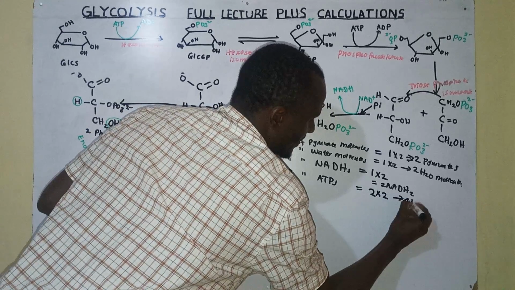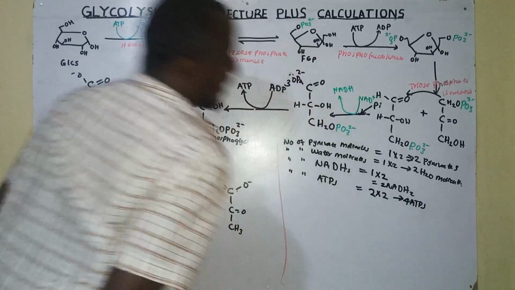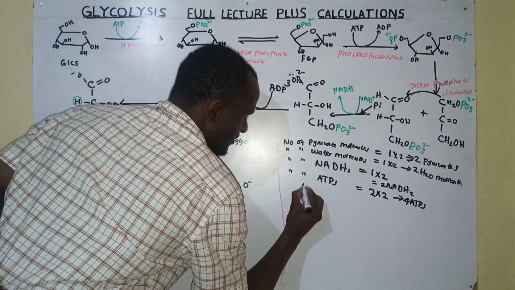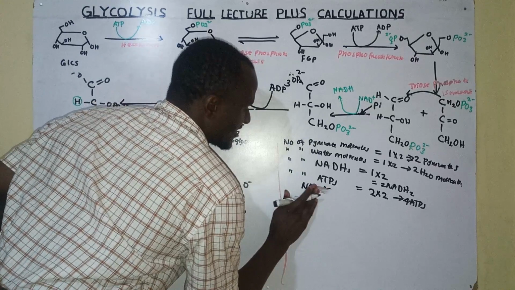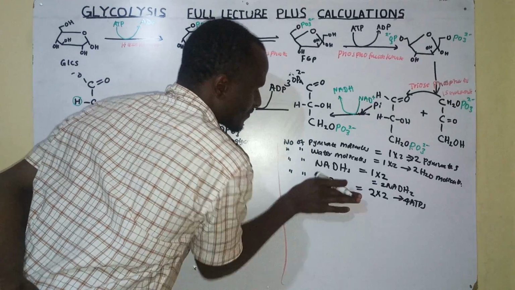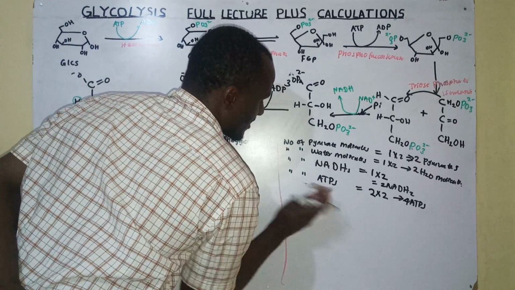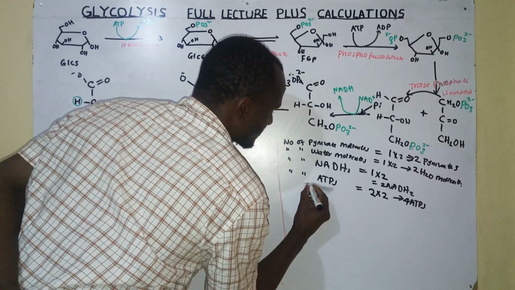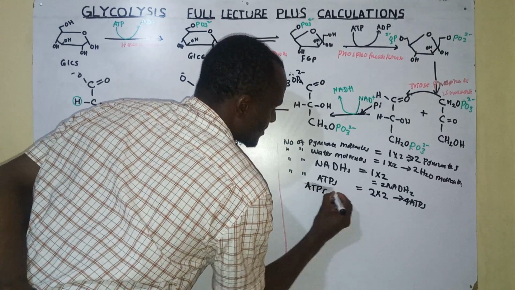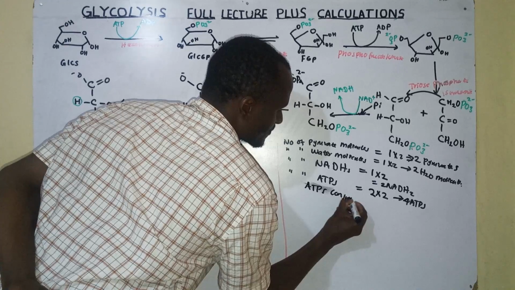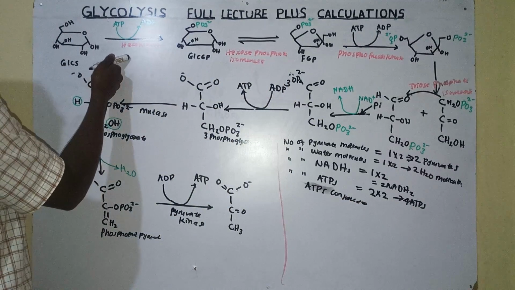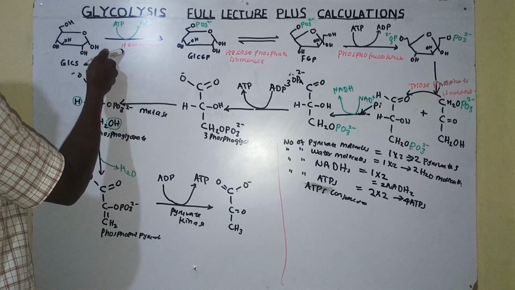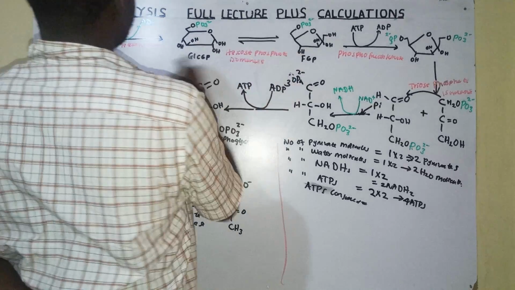4 ATPs. But we want net ATPs produced because we have ATPs consumed. We have ATP consumed at step number 1, step number 2 and step number 3.